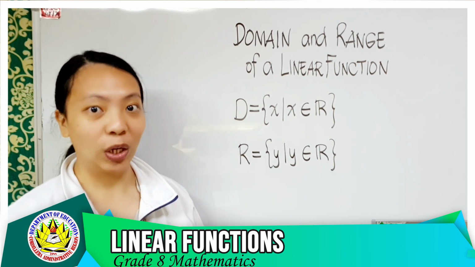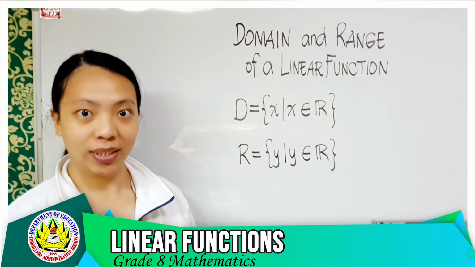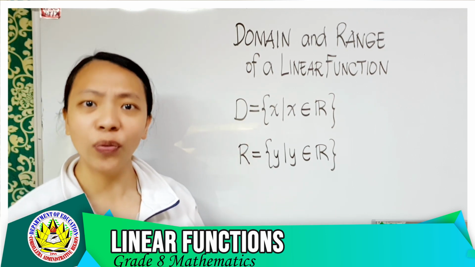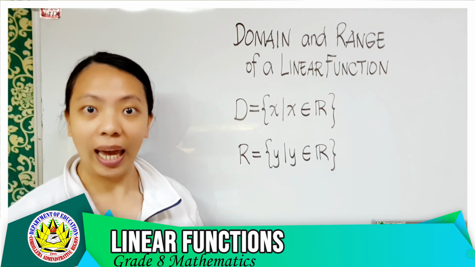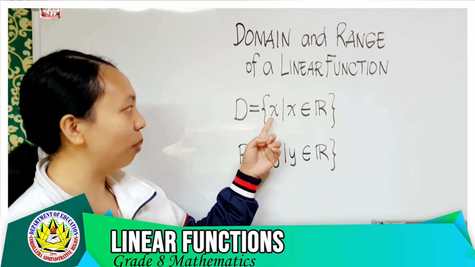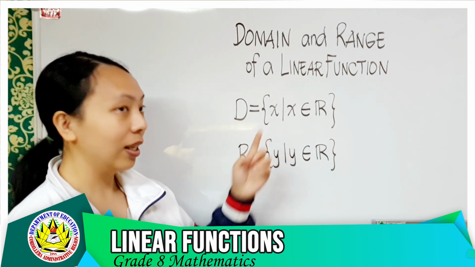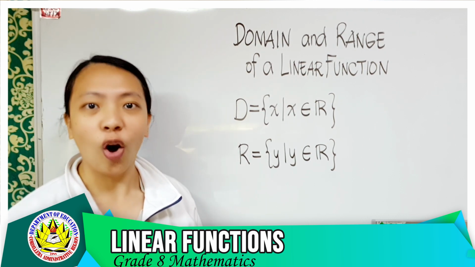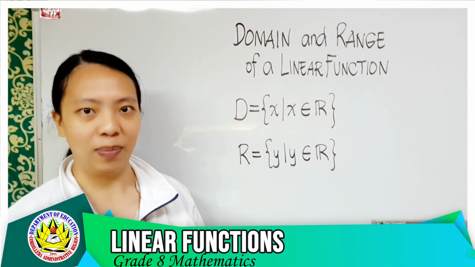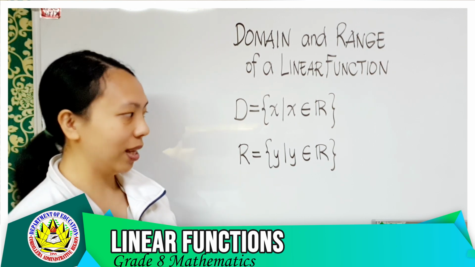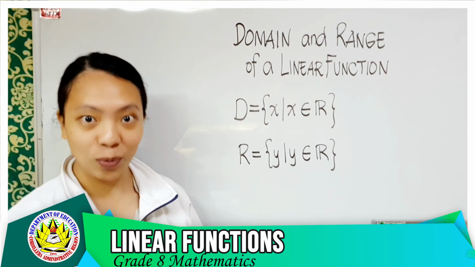Recall what we have learned on relations. The domain is the collection of all first elements, and each first element is represented by the variable x. And the range is the collection of all second elements, and each second element is represented by the variable y.